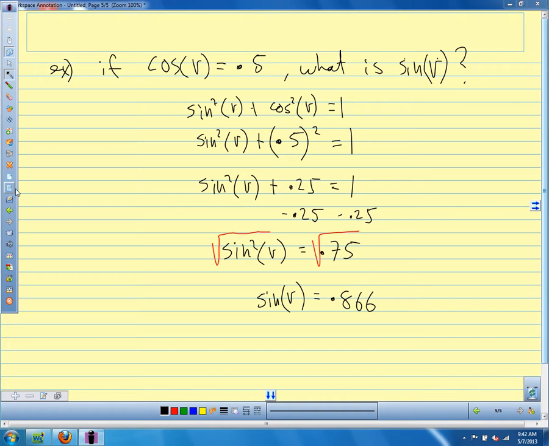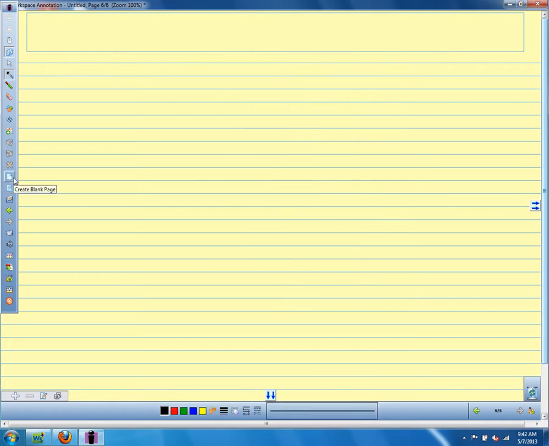All right. A couple of your homework problems come from the book. So I wanted to do one of the problems from the book where you're using the identities without any numbers.